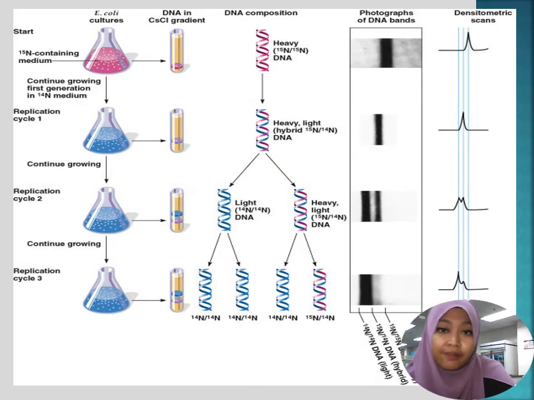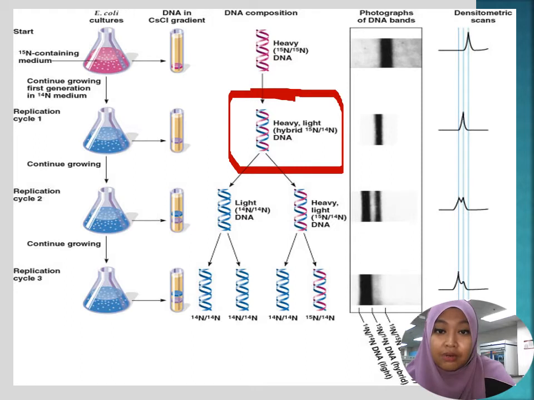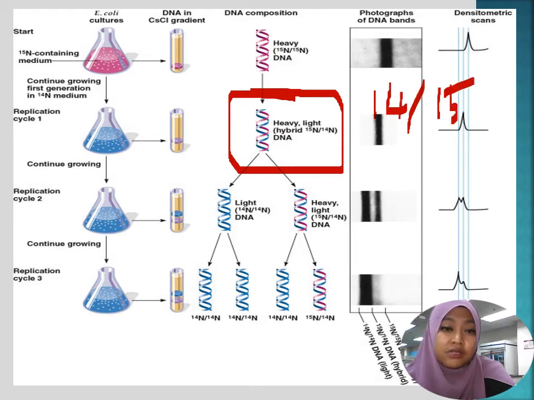As a result, they saw that the DNA is a hybrid, containing both strands: one strand is 14, another strand is 15. So through this experiment, the Meselson-Stahl experiment showed that semi-conservative replication applies to bacteria also. So semi-conservative replication is accepted as the model for DNA replication.